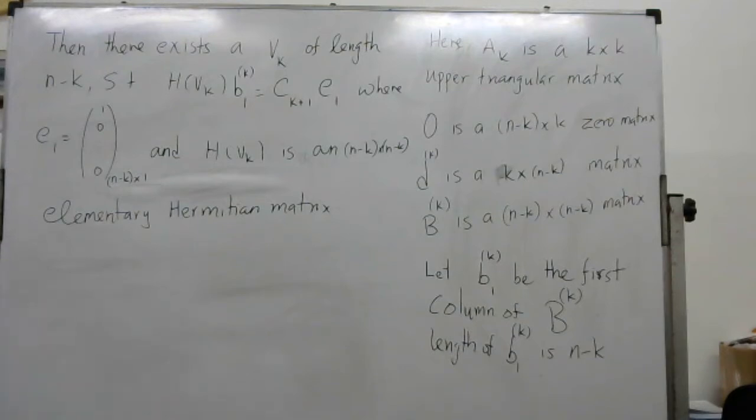So now what we want is an n cross n matrix, so we have to expand this matrix. How can we do that? That is a separate process which we have to do within this proof.